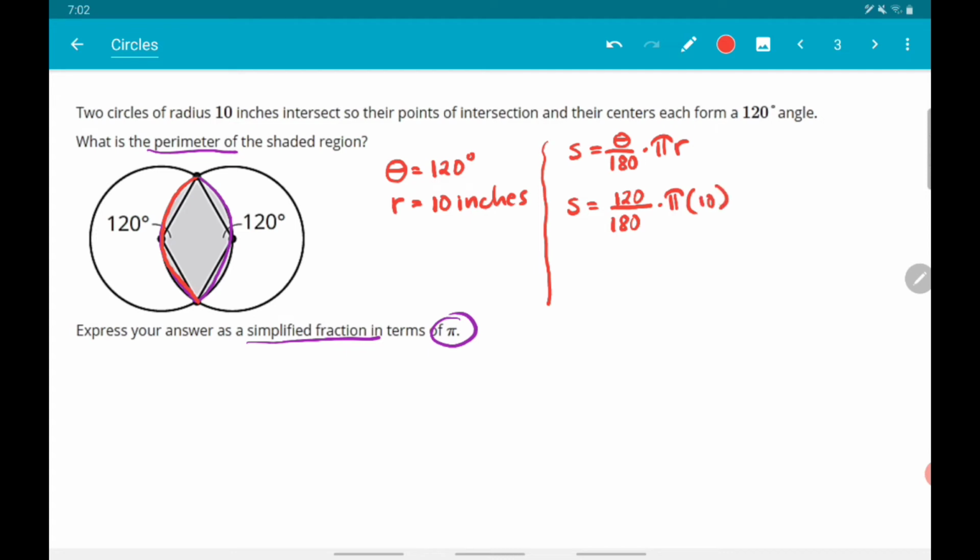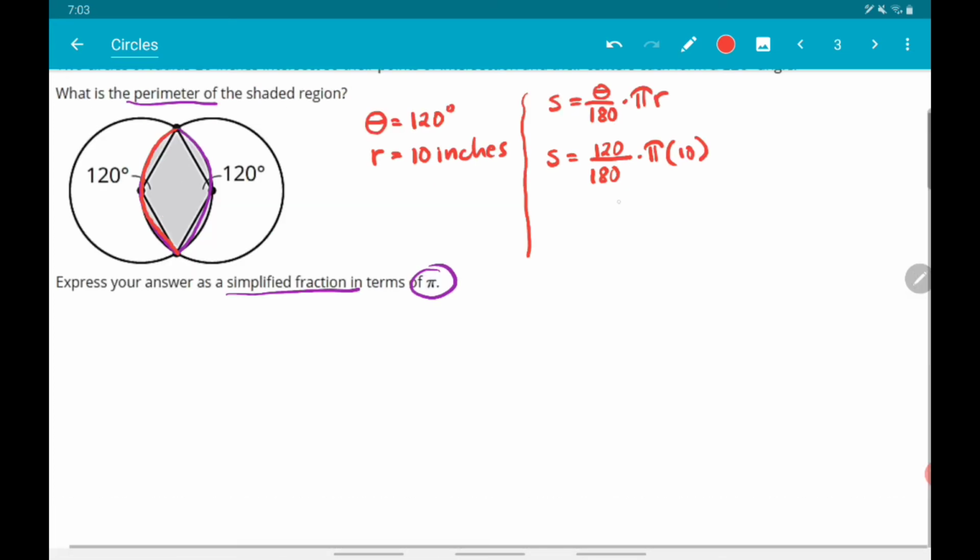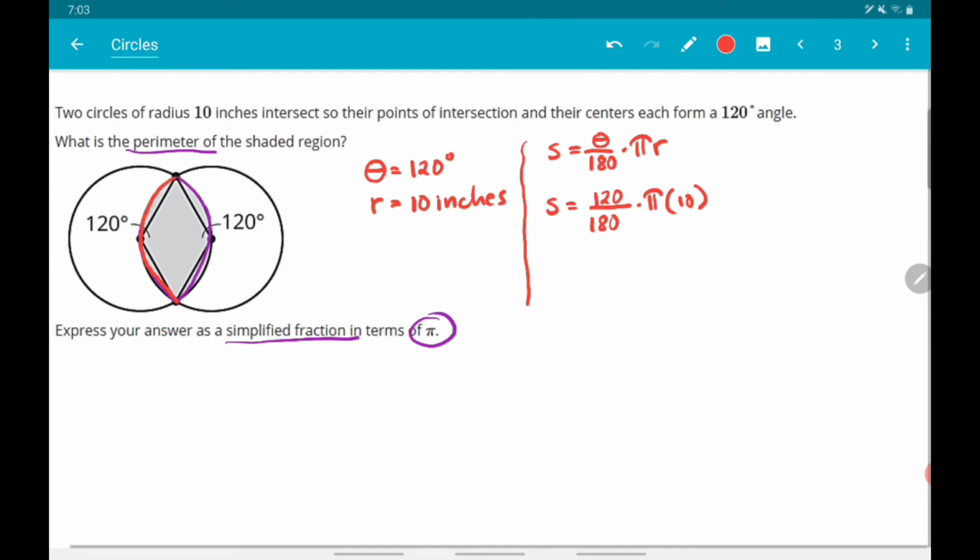So again, let's do some cancellation here. We know that 120 is divisible by 60, and 180 is also divisible by 60. If we divide 120 by 60, we're going to get 2.